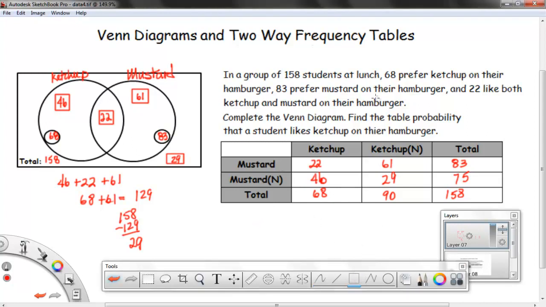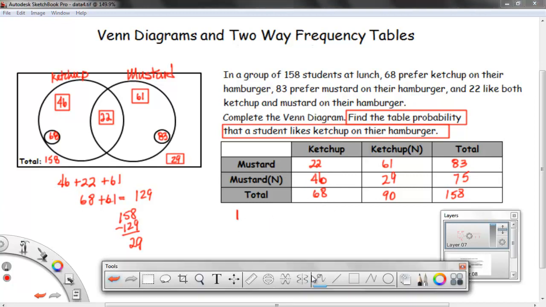Okay, to finish this problem, there's one thing that we're asked to find. It says find the probability that a student likes ketchup on their hamburger. So that includes not only the ones that like mustard and ketchup both, but all those that just like ketchup. So if I look at my column total here, that's 68.